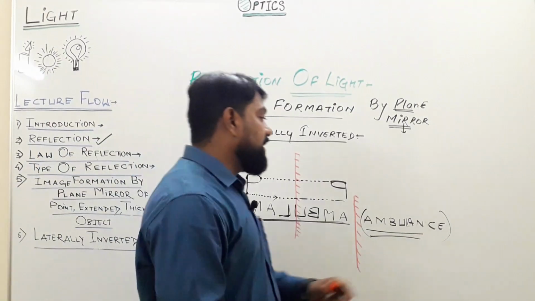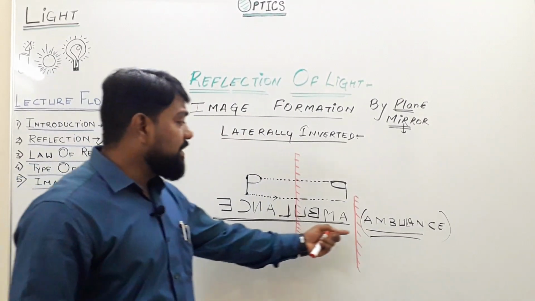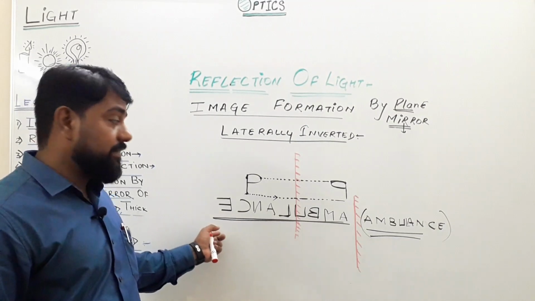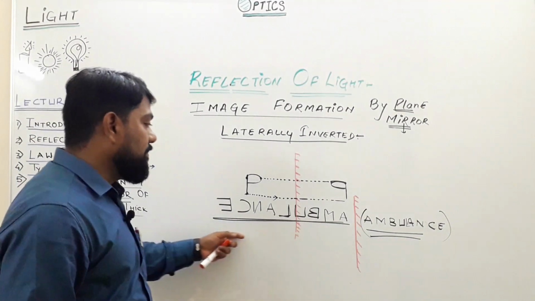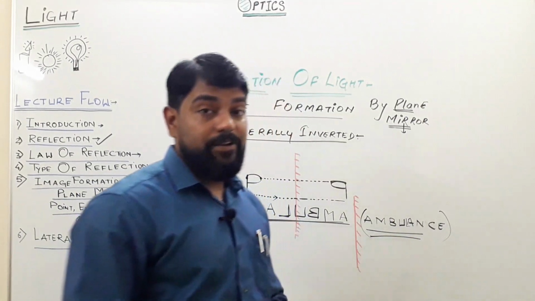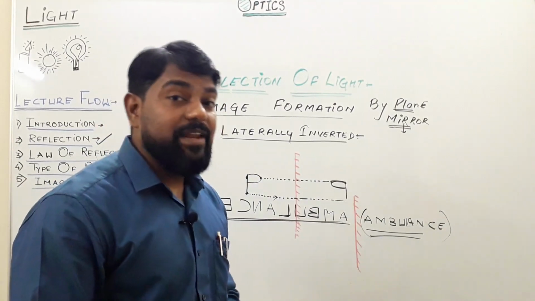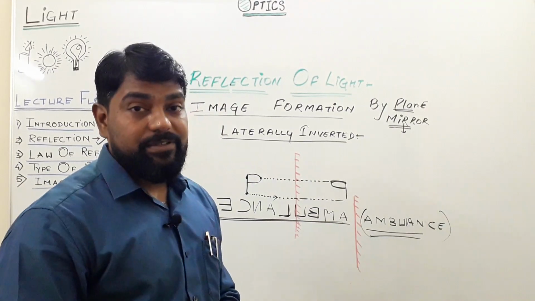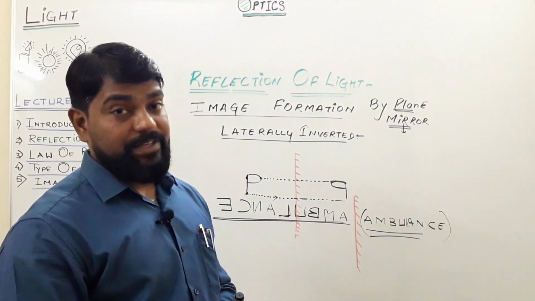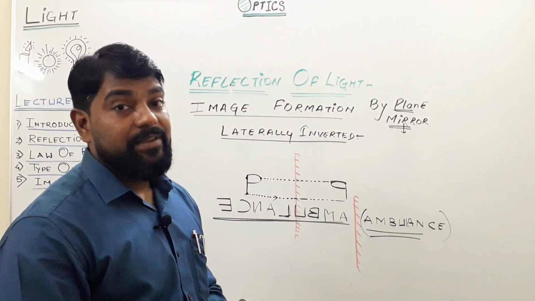If it were written normally, it would be the object, and the image would not be readable with the help of these letters. That's why ambulance is written in this form and it appears correctly in the mirror. It plays a very important role in our day-to-day life, just to save someone. An ambulance is a vehicle which carries an emergency patient. If someone is badly injured and stuck in traffic, something may happen to that person.